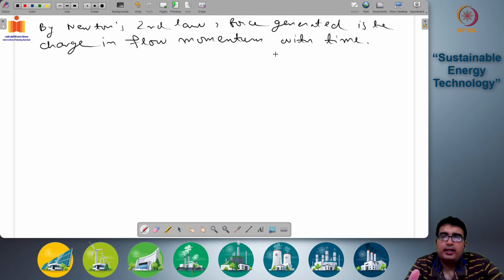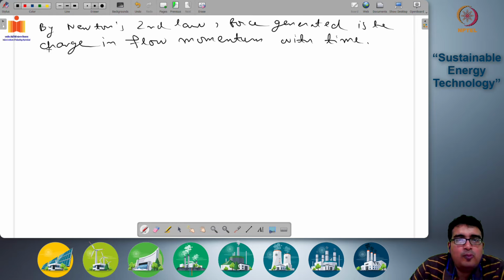So work done is force into displacement, right? And force is basically either mass into acceleration, or if you think of a flowing system, it's the mass flow rate into velocity. Okay. So the change in flow momentum with time.